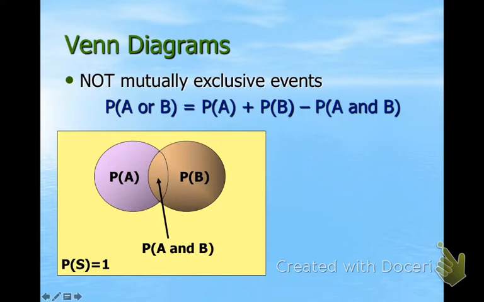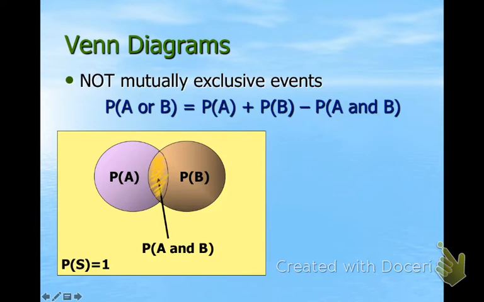You're going to take the probability of part A, the probability of part B happening, and then subtract where the overlap lies, in that middle section where everything overlaps. That's what we're going to take away.